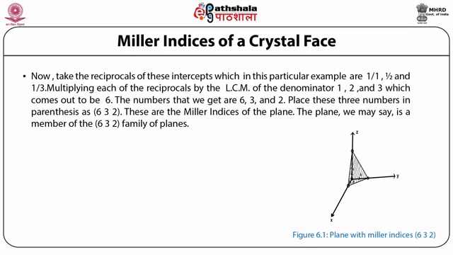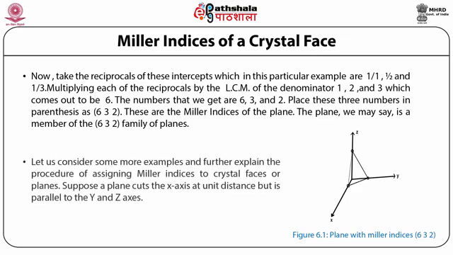The numbers that we get are 6, 3 and 2. Place these three numbers in parentheses as (6 3 2). These are the Miller indices of the plane. The plane, we may say, is a member of the (632) family of planes.